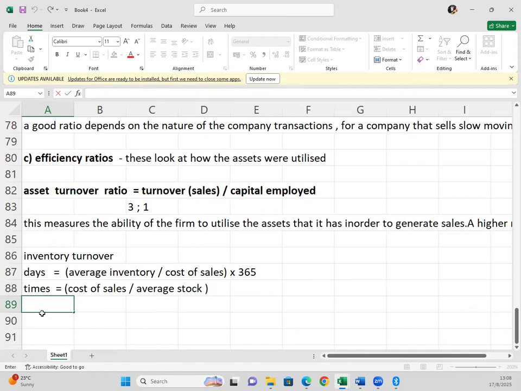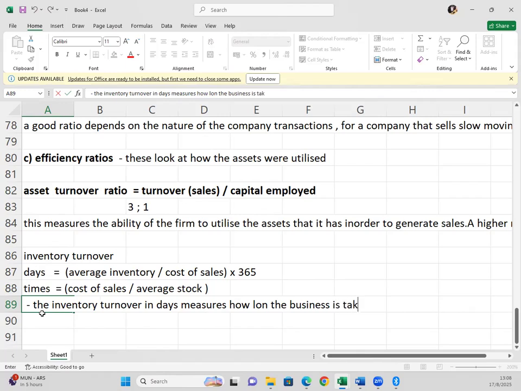So we can say the inventory turnover in days measures how long the business is taking with inventory in its warehouse.